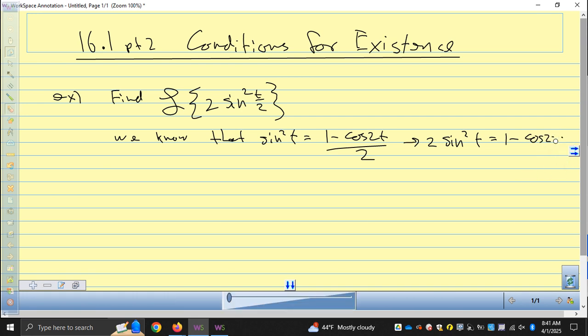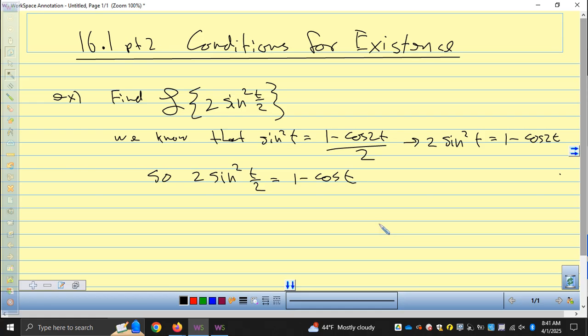And I know we've looked at this thing before. This quantity, 2t, is twice this quantity. So we can say 2 sine squared of t over 2 is 1 minus cosine of t.